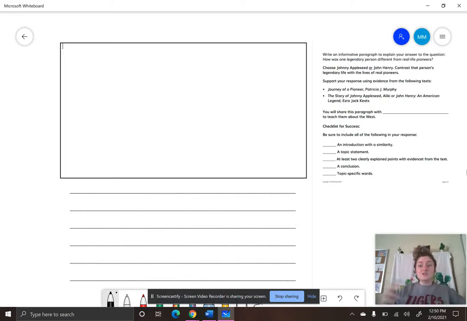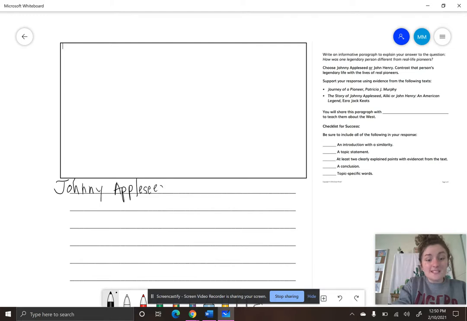So the introduction that we came up with yesterday is that Johnny Appleseed, and those topic specific words, that's our checklist for success. We need topic specific words.